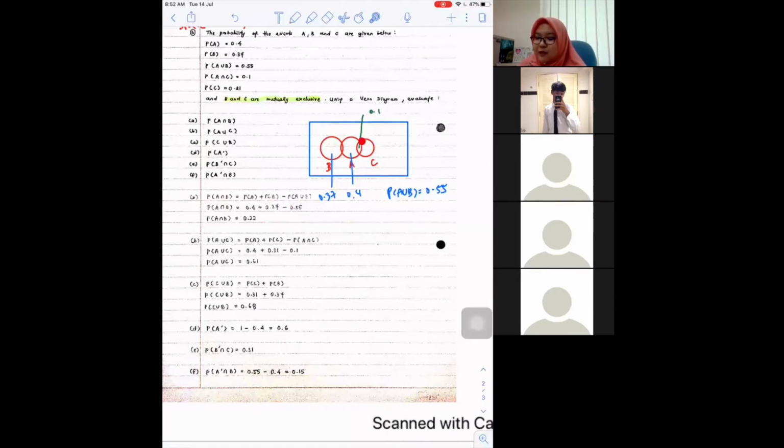If the whole C is 0.31, what is this area here?